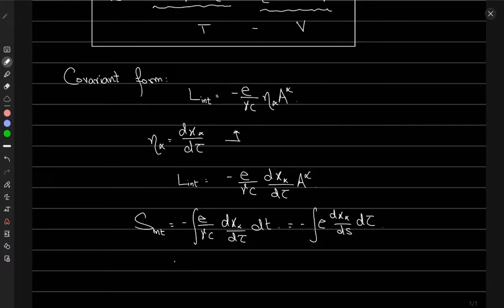Now you can rewrite this again as S interaction is equal to minus integral of E over C, and don't forget the minus sign, dx alpha over ds, and then this thing we can rewrite as C times d tau. So this becomes minus integral E over C dx alpha over ds times ds.